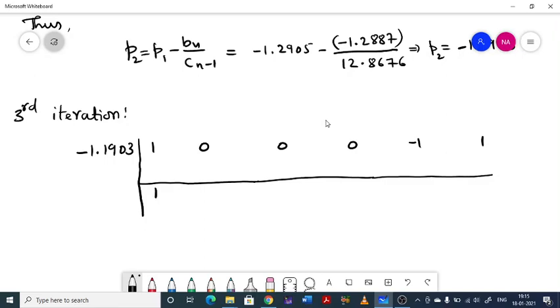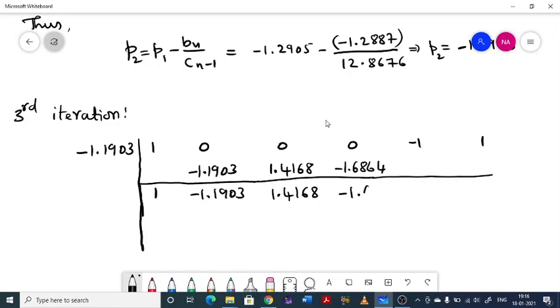You can carry this 1 as it is. So here we will get minus 1.1903. Adding that, minus 1.1903. Multiplying that, 1.4168. Multiplying, minus 1.6864. So minus 1.6864.